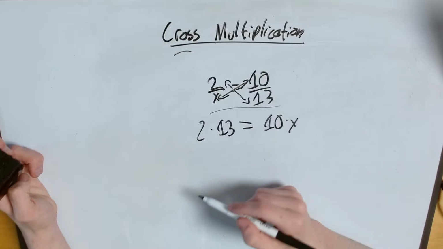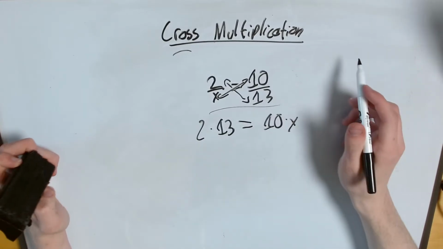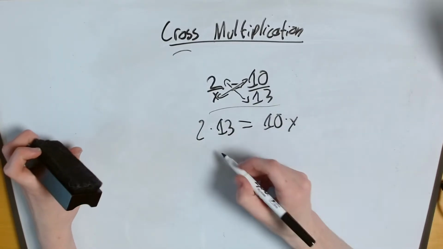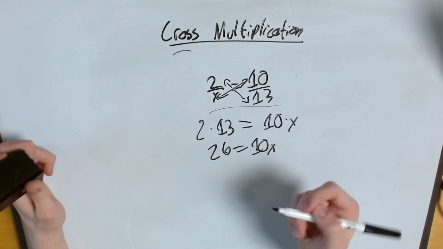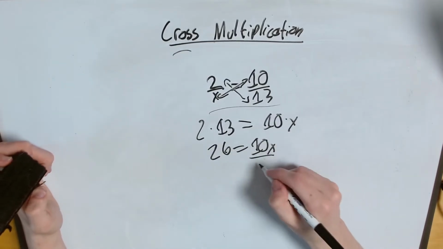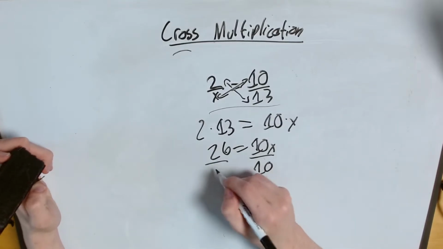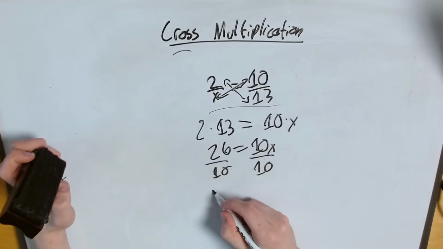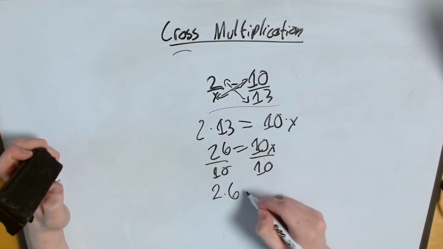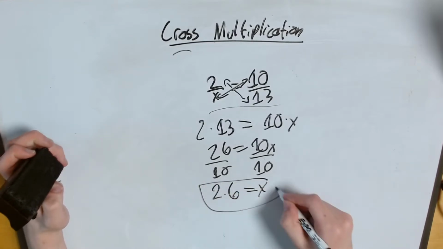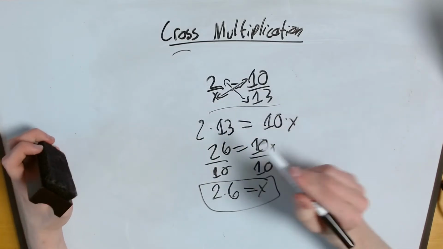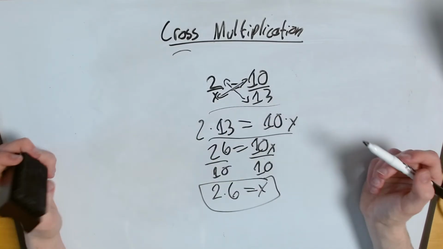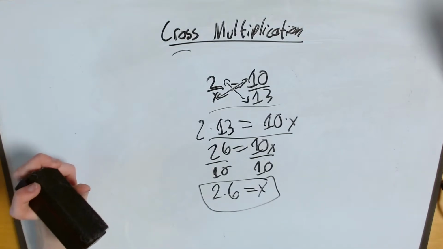This fraction is difficult to just automatically solve for x from here. But here, that's 26 equals 10x. All I have to do to find x is divide by 10. And so I get x is equal to 2.6. There I just used cross multiplication to take this messy fraction into a simple equation that I could easily work with, and then solve that equation to find x.